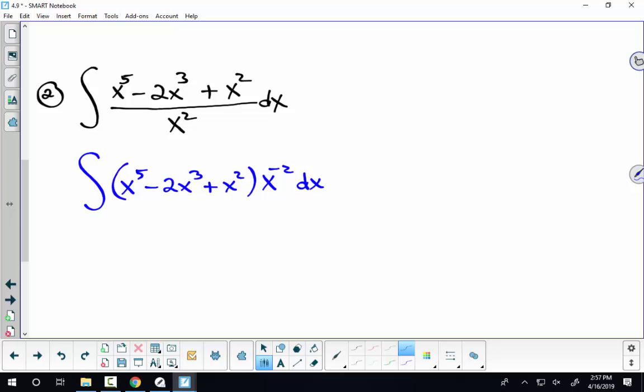Yeah. So if we did that, there's nothing wrong with that. It's algebraically sound and valid. However, we're not taking the antiderivative of a power of x anymore because we have this product here. If you can't distribute it, then, yeah, you would definitely need to distribute that in.